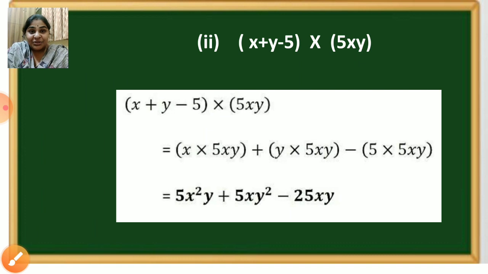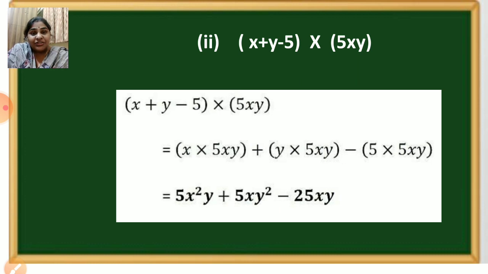Let us see the solution once again. This you have to copy down in your classwork, children. So it is x plus y minus 5 multiplied by 5xy, which is equal to x multiplied by 5xy plus y multiplied by 5xy minus 5 into 5xy, which is nothing but equal to 5x square y plus 5xy square minus 25xy.